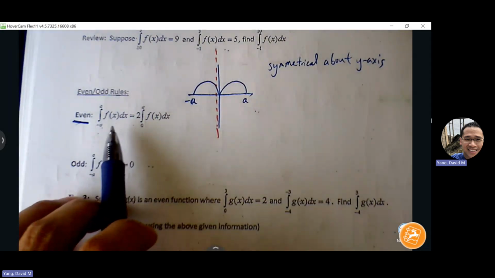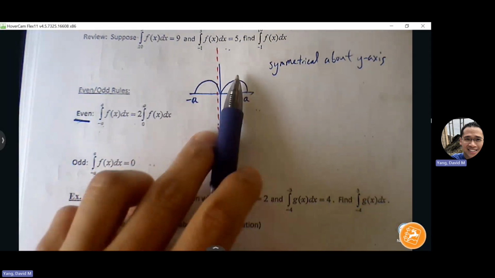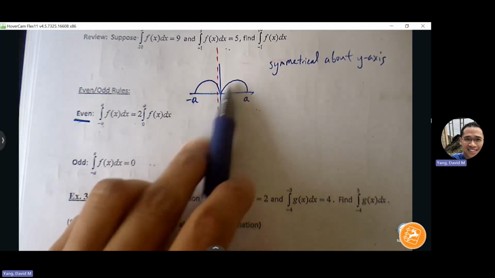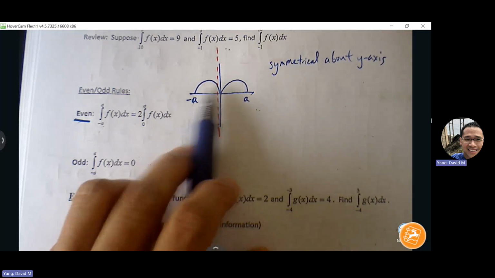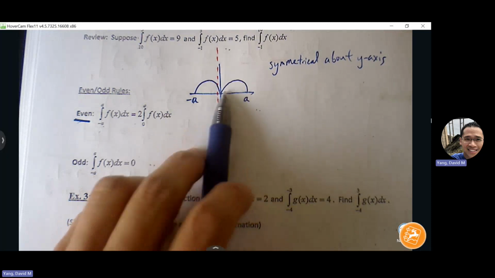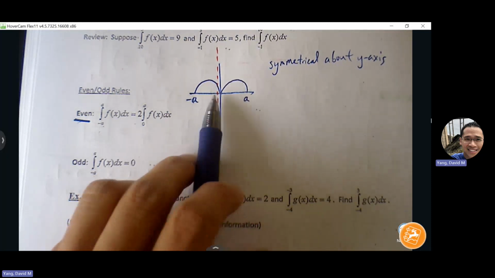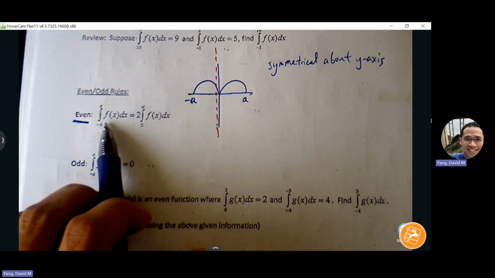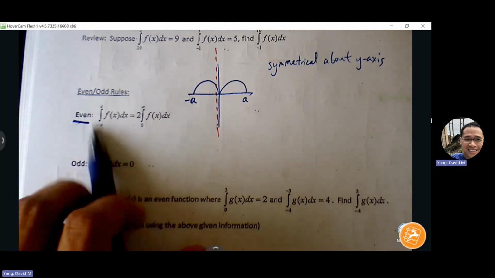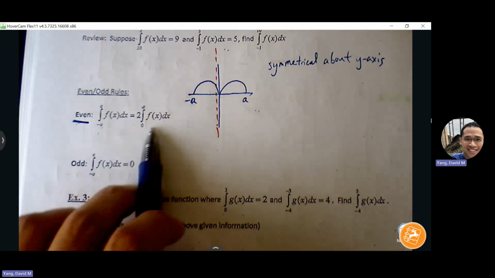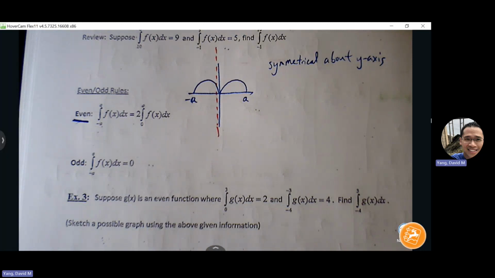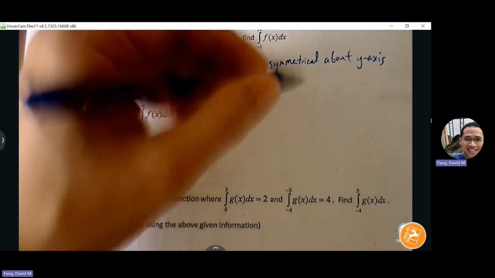So the rule says that for an even function, I can take what is to the right or to the left of the axis, and I can double it. If I double that value, then that's the same thing as taking the integral or the area of the entire region, because I have mirror images. So if I just double half of it, then it's the same thing as doing the full region. Okay, so symmetrical about the y-axis.